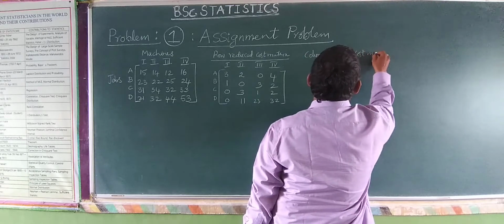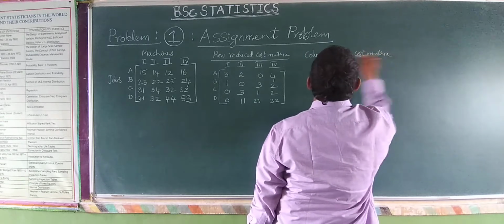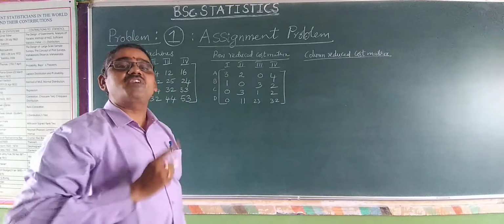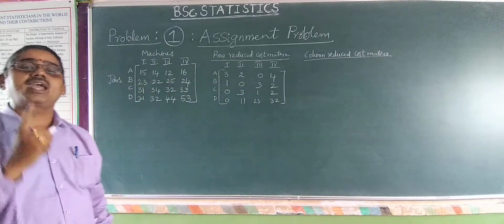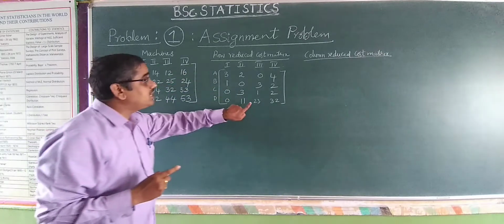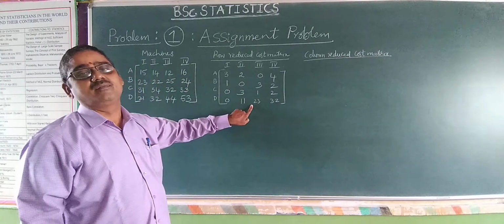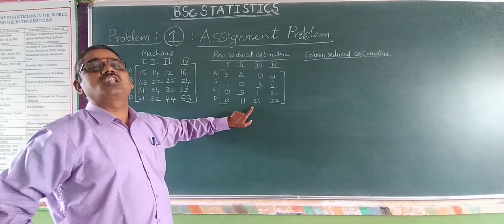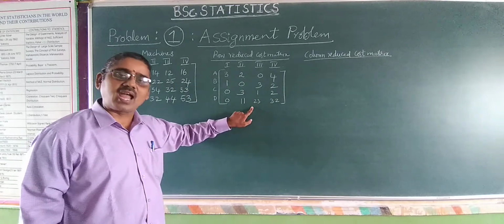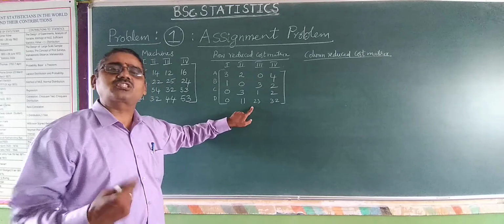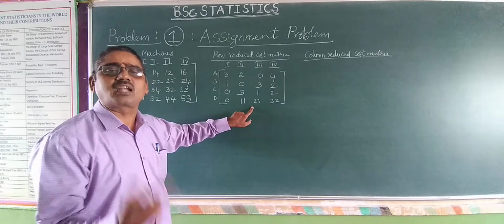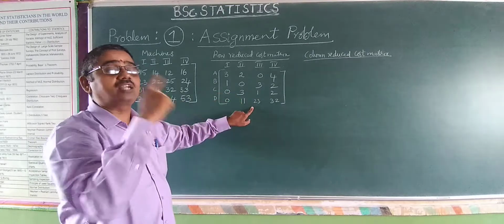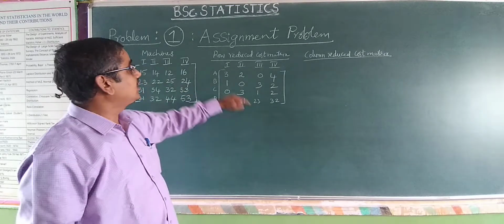The same procedure is going to be applied for the columns as well. In each and every column you have to do the same procedure on the row reduced cost matrix, that is, whatever row reduced cost matrix is obtained, the next matrix, on which you have to do this procedure.